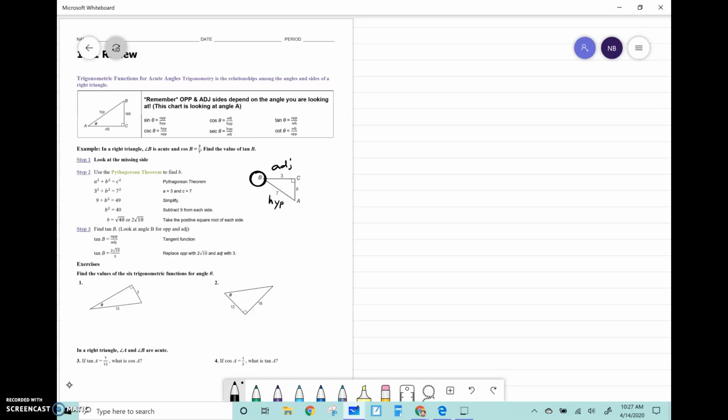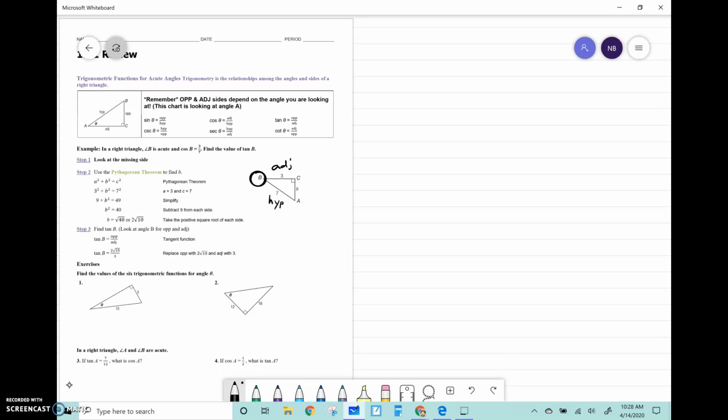It doesn't matter, I'm okay with however you want to do those two. So now they find the tangent of B, and they just plug in what they have. The opposite side is now 2 root 10, or square root of 40, which they put in the numerator, and the adjacent side, 3, is the denominator. All right, so let's put this into practice.